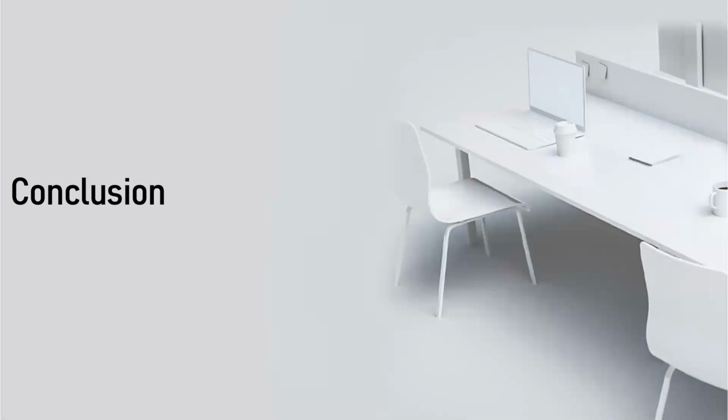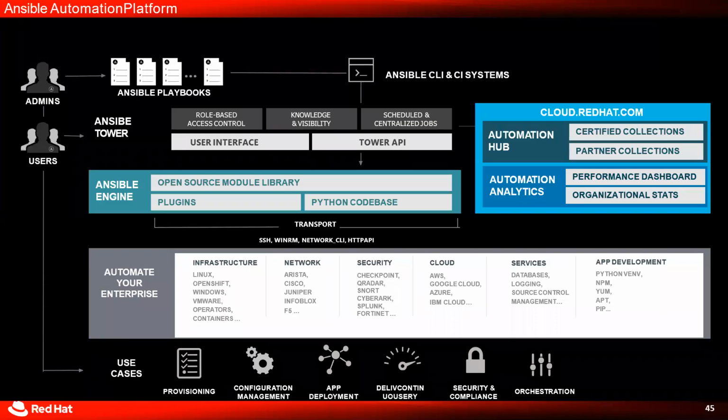Okay, so just to conclude what we have discussed so far, this is the overall view of your Ansible automation platform, like what we have seen over the past 1 hour. If you look at the extreme top left, you have admins and users. They start to trigger Ansible playbooks, which they have already written, through Ansible Tower.